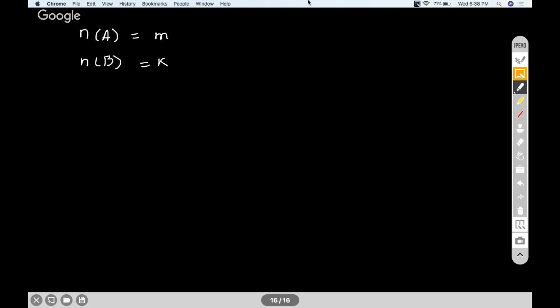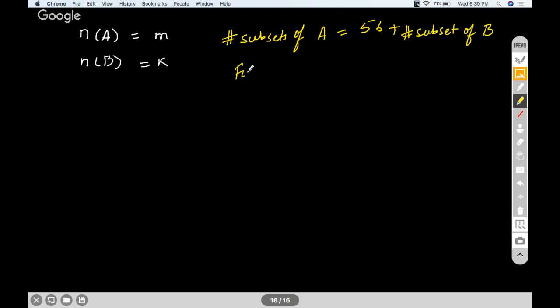The total number of subsets of A is 56 more than the total number of subsets of B. Find the values of m and k.